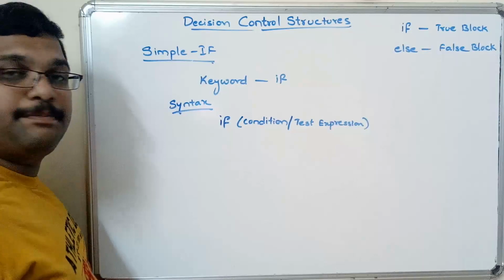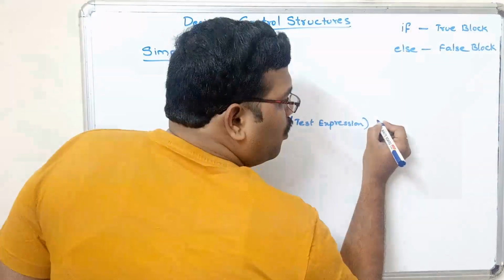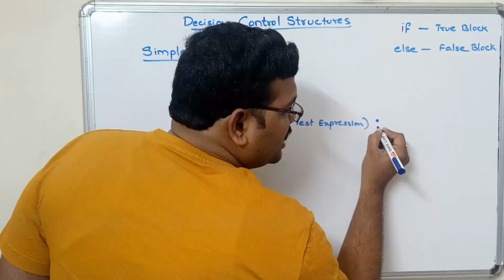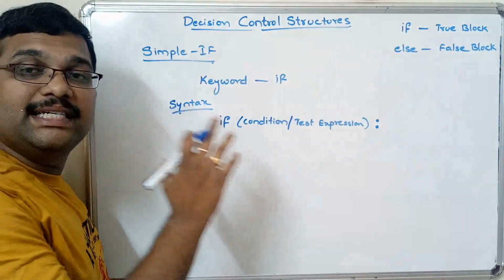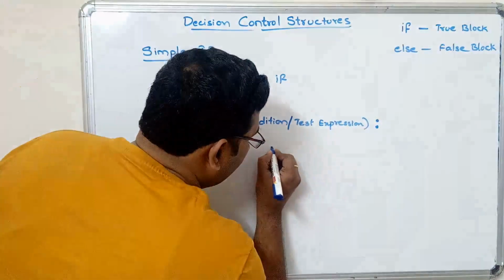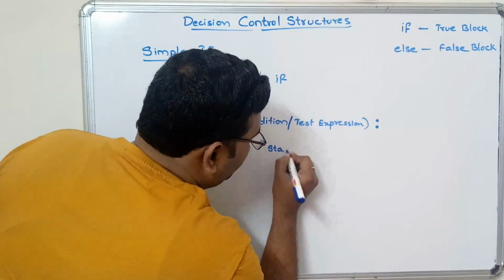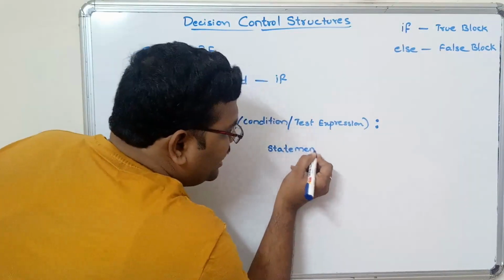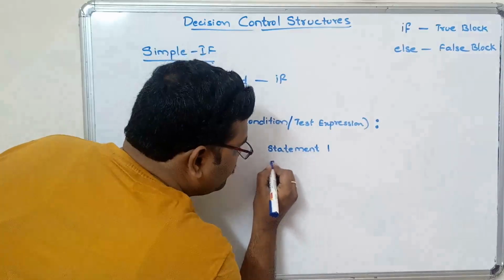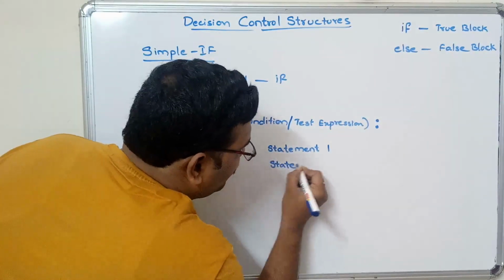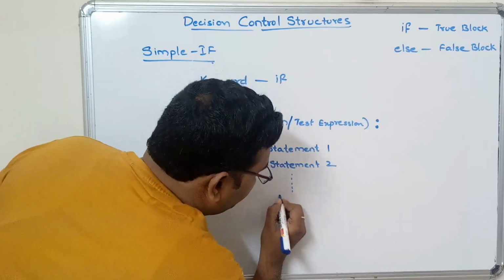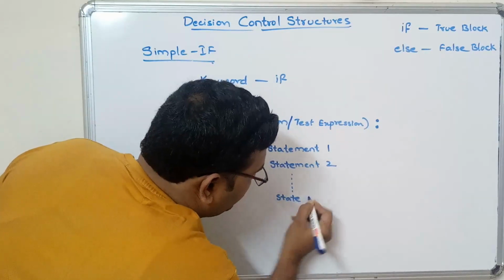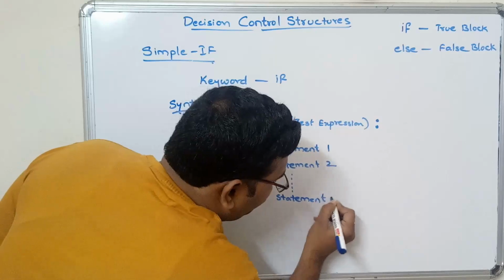Then a colon. It's not a semicolon, it's just a colon. Next, statement 1, statement 2, and so on, up to statement N.